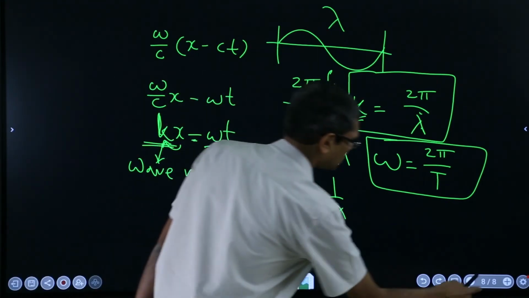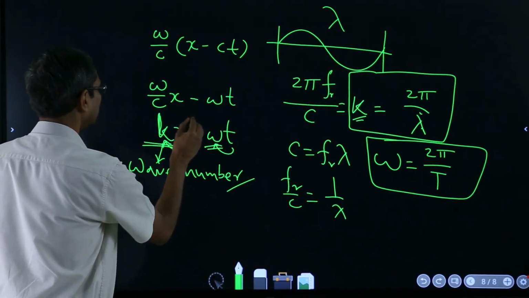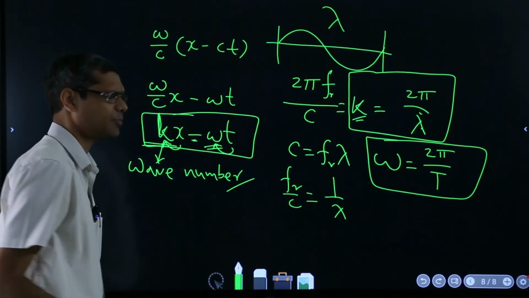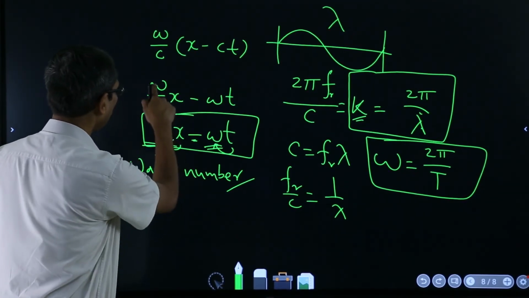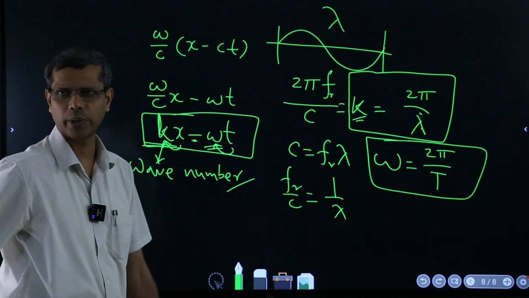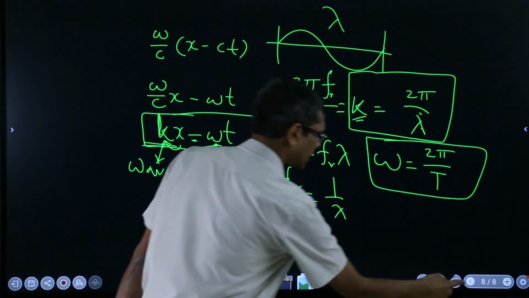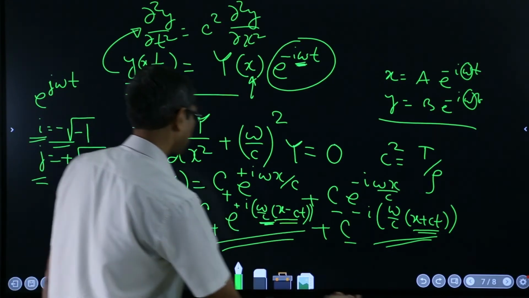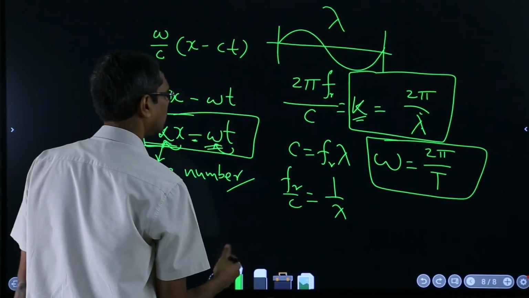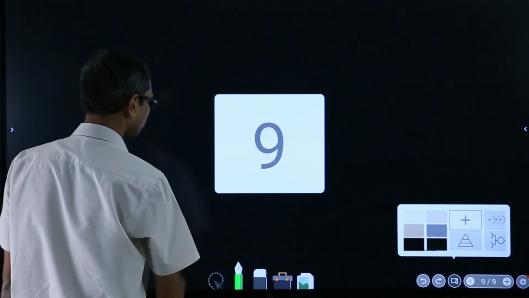Okay, so this is one of the expressions which almost all the books will write, not omega by c x but kx minus omega t. Okay, so this expression, I'll write it so that it will stay.